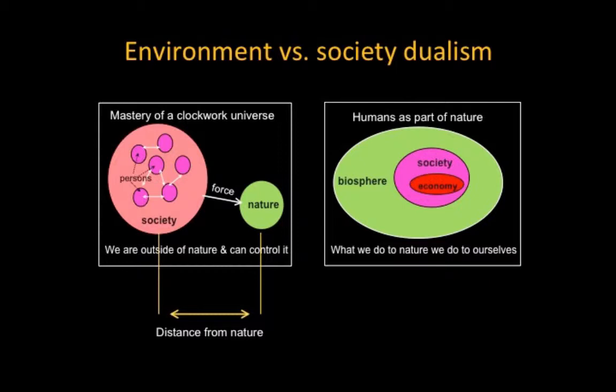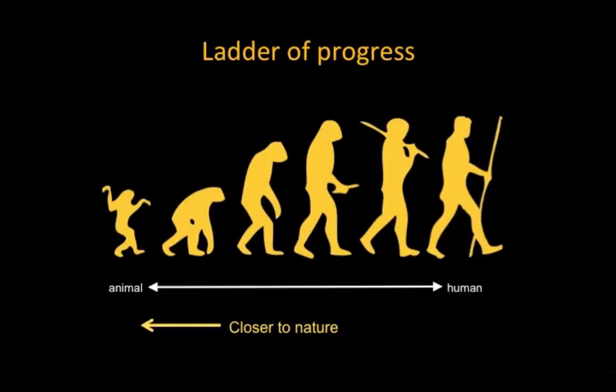So our society is built on an environment-society dualism that sees society as outside nature, and so we can measure distance from nature, and it's part of a myth of progress that treats some cultures as closer to animals than others. And in order to unpick that statement, they actually had to be critical of this cultural common sense background knowledge.